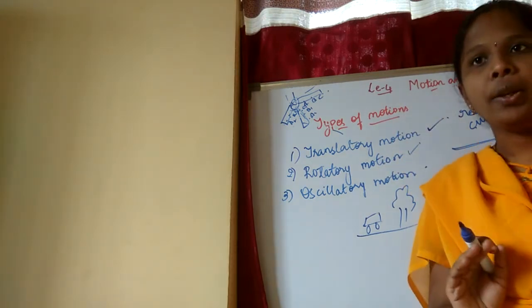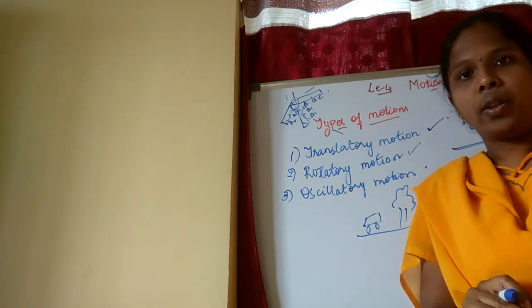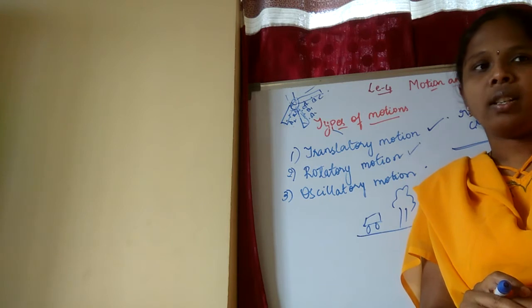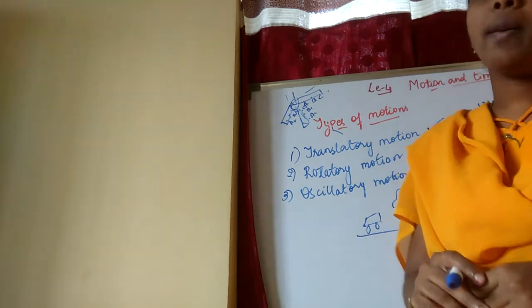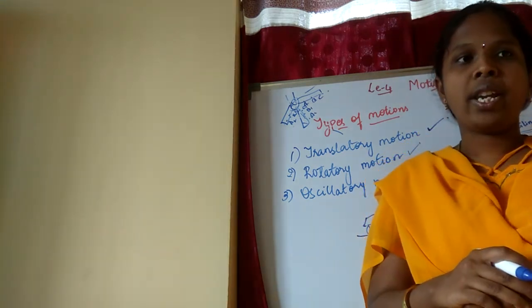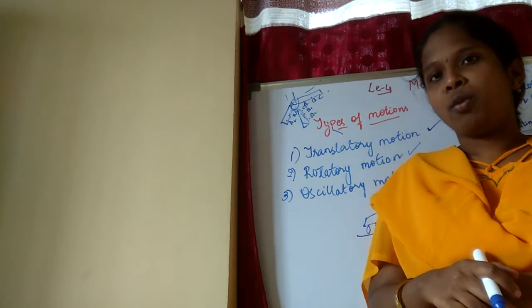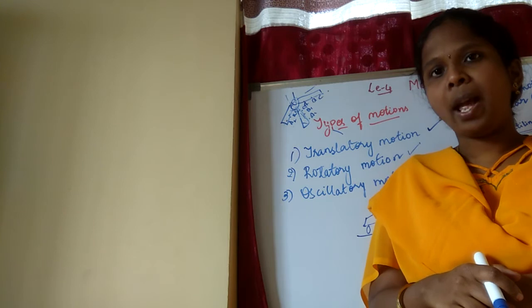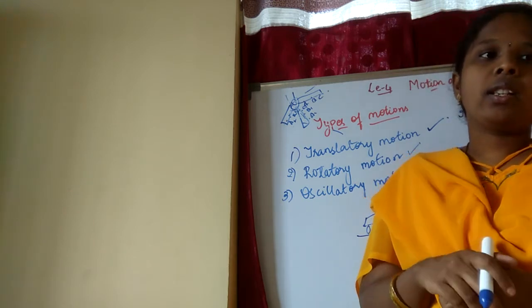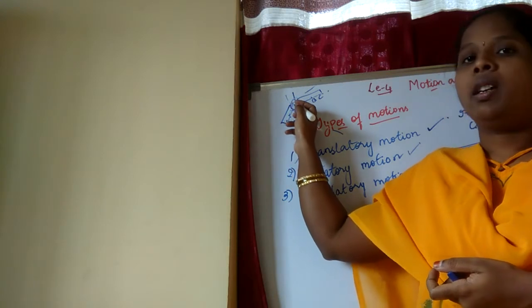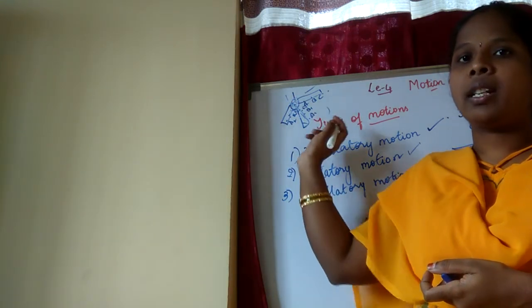Rotatory motion means what? If you want to tell it clearly, rotatory motion means all the particles of a moving body follow a circular path with respect to a fixed center. Here the center is the same, but the blades are moving in a circular path.